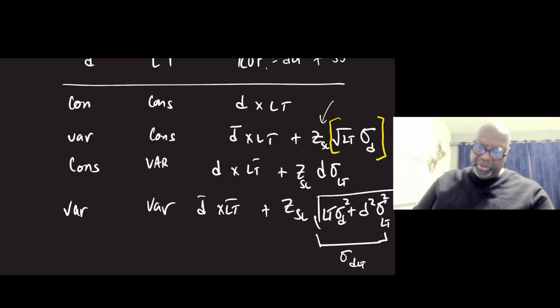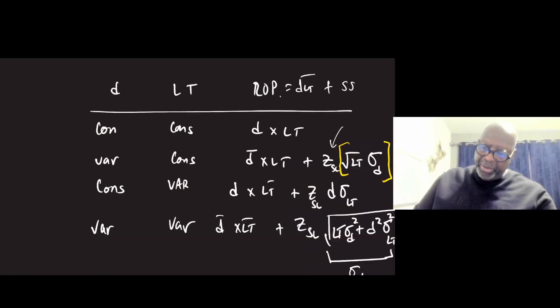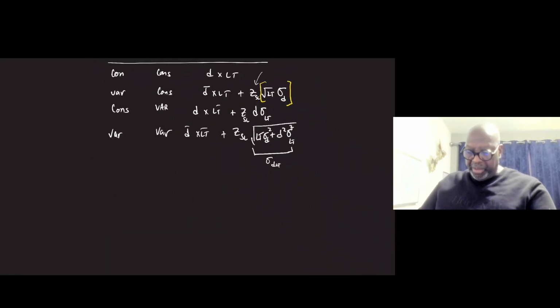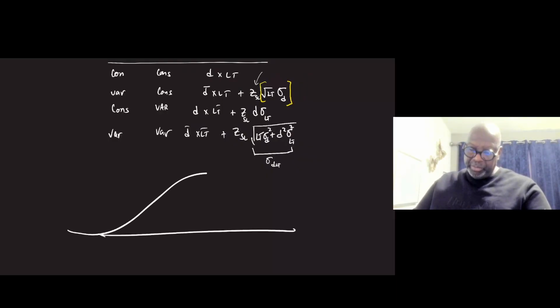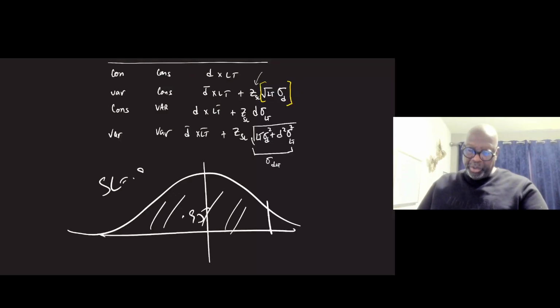And in case you have forgotten a bit of that stuff, remember, when you have a normal distribution, if, for example, we wanted a 95% service level, if SL is equal to 0.95, then the area in the tail will be 0.05.